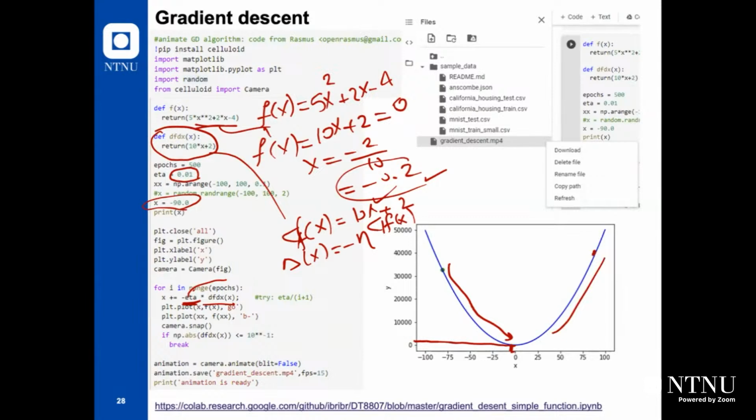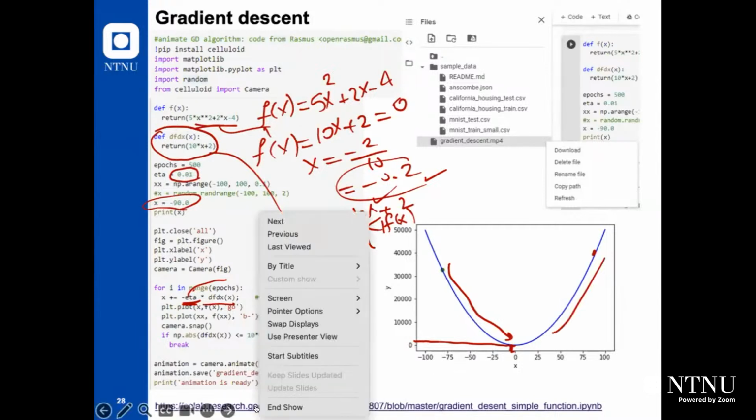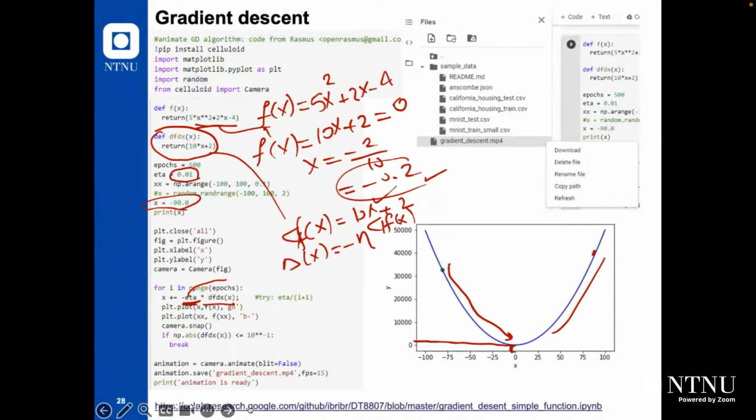I can share the link with you, so you can open it in Google Colab, for example, and try it. I will share it in the chat.